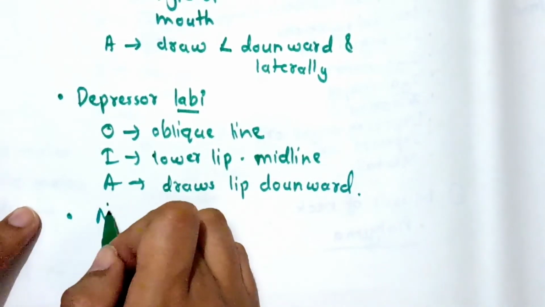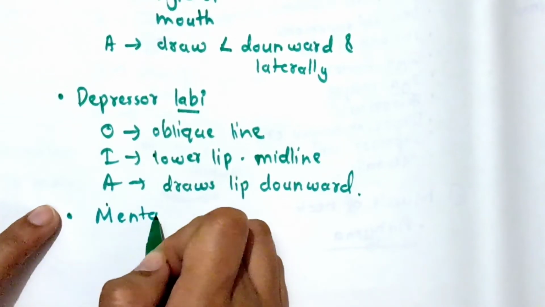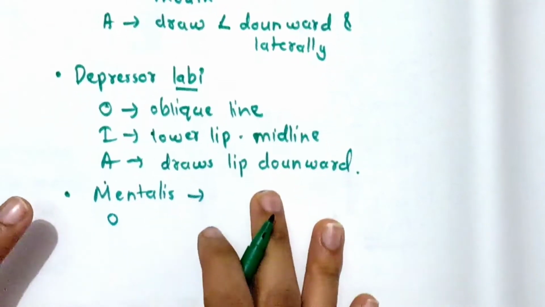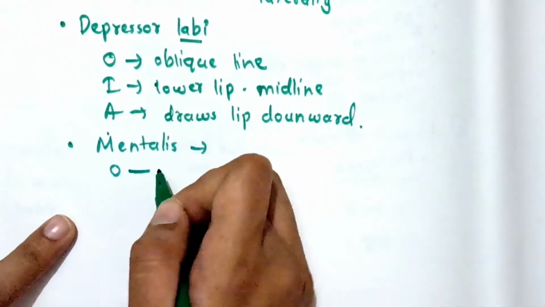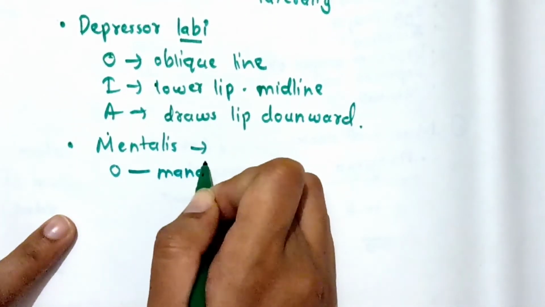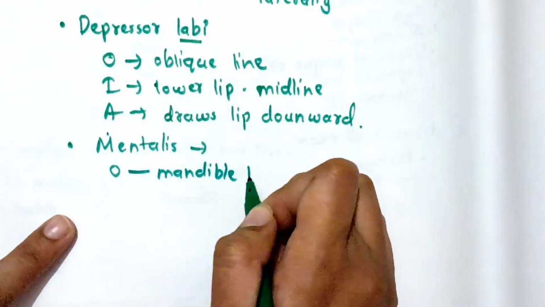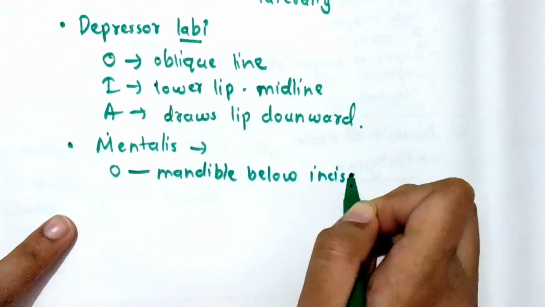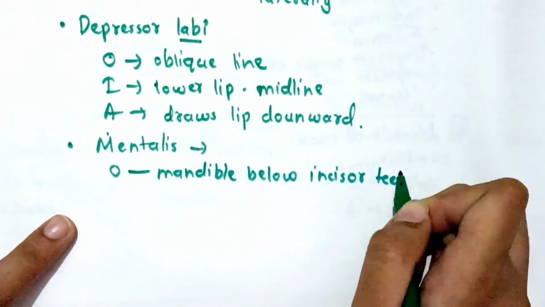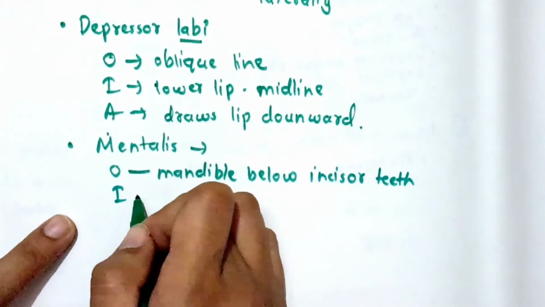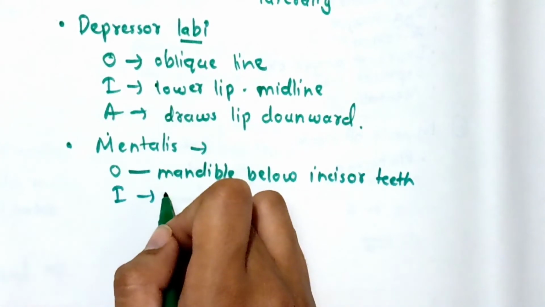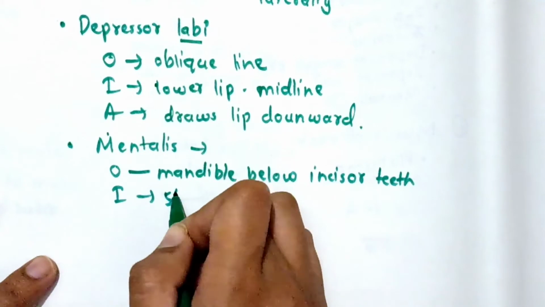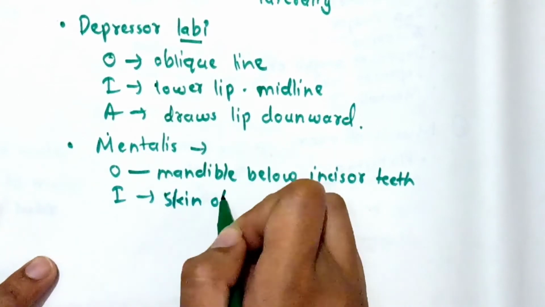Okay, now the last muscle is the mentalis muscle. What is its origin? On the mandible below incisor teeth, and insertion will be on the skin of chin.